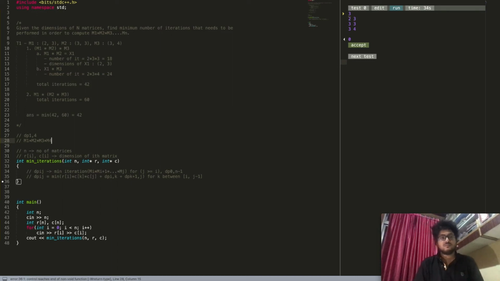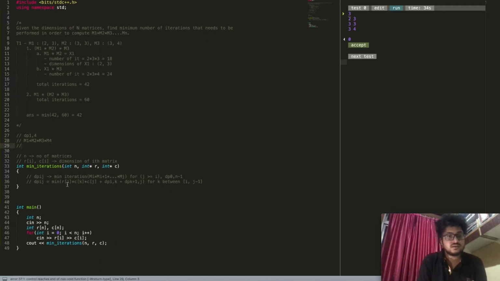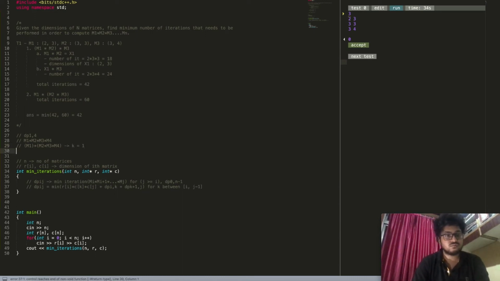All right, so basically I will try to explain this recurrence relation with the help of this example. If you have a look at this recurrence relation, we are iterating for all k between I to j minus 1. Basically what we are trying to do is add brackets, exactly two pairs of brackets in this case. One way to add brackets will be like this: m1 star m2 star m3 star m4. This is the first way for adding the bracket, and this corresponds to k equals 1.